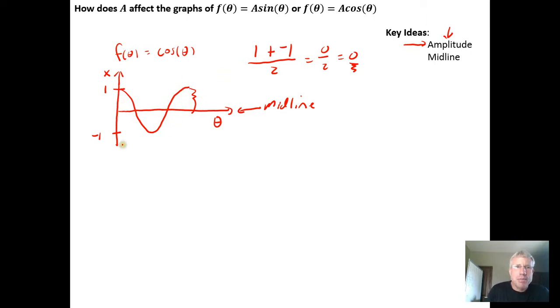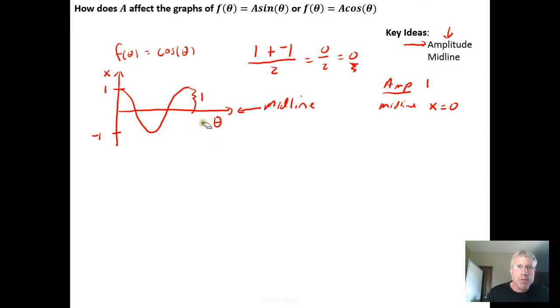Because we're going from -1 to 1, the highest we ever get above or below the midline is a height of 1. So for the toolbox function, we say the amplitude is 1 and the midline is x equals 0.